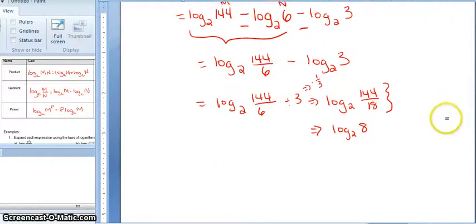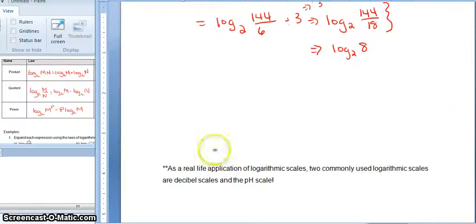Just going to scroll on down here. Now that it's simplified into one nice log form, looks great. Now let's write this as an exponential function. So we have our base 2, n is 8, and e is our exponent. So let's rewrite this as b to the e equals n. So b is your base 2, e is your exponent, let's give that x, and that is equal to n, your number, which is 8.